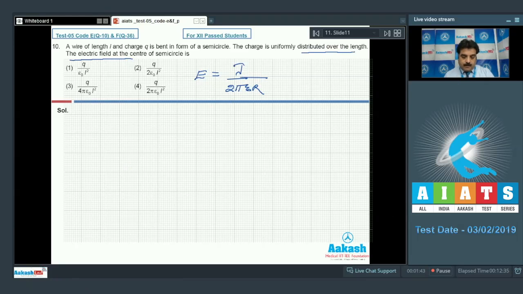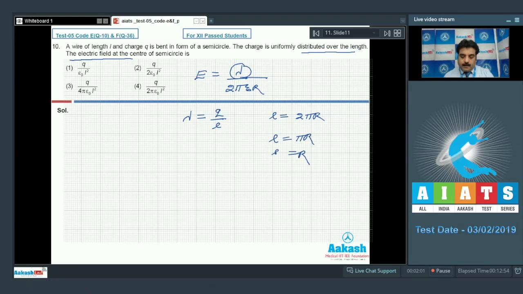So if I use this formula, lambda is equal to total charge over length, the linear charge density. And you know the circumference is 2 pi R, but in the semicircle I will write only pi R.